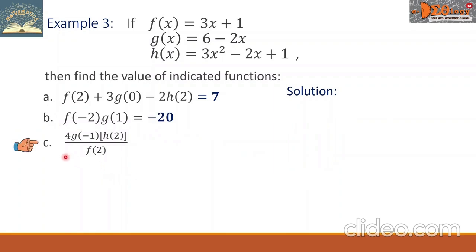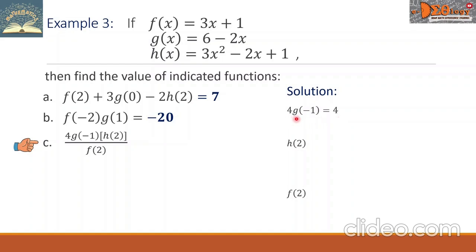Now we solve for problem C. 4 times g of negative 1 times h of 2 all over f of 2. Let us simplify 4 times g of negative 1, also h of 2, and the f of 2. Let's begin with the first. Now the constant we simply copy.